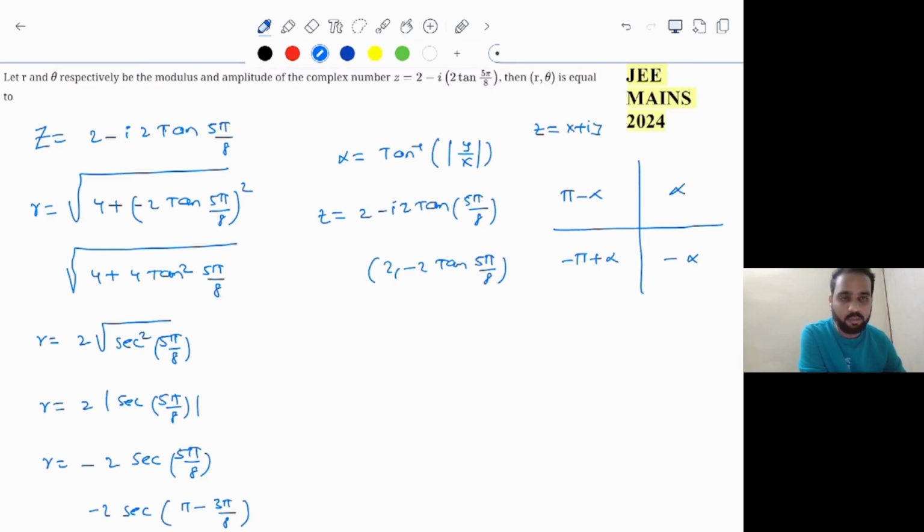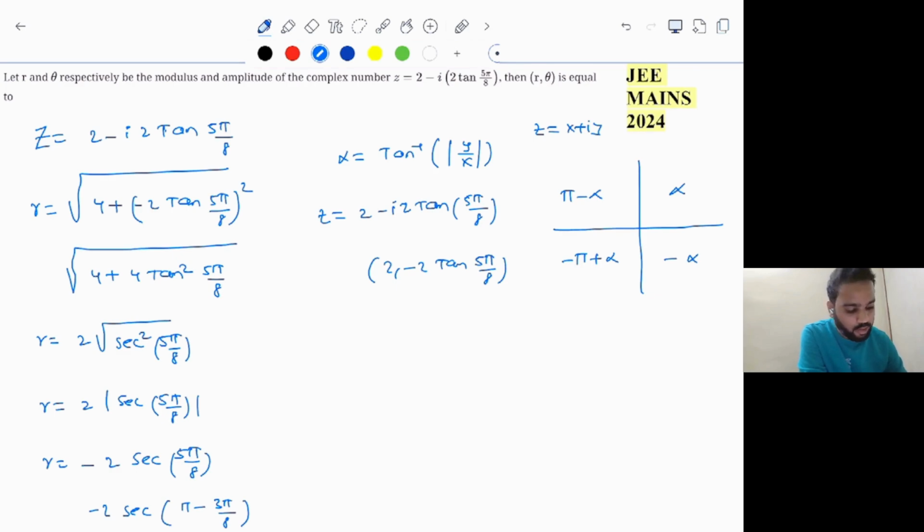Just by looking at this minus sign, many of you will get confused that this is a point lying in the fourth quadrant, but it is not. Once again, 5π by 8 is what? A second quadrant angle. Tan of a second quadrant angle is negative. So negative of negative will be positive. That is why this is a point in quadrant one. So this is where many of you might commit a mistake. Try to rectify it by understanding this.